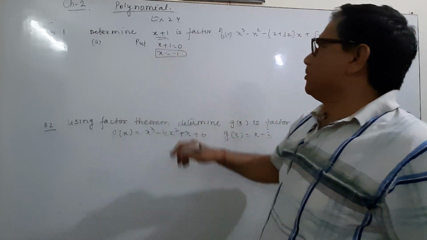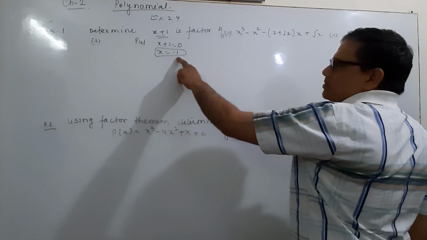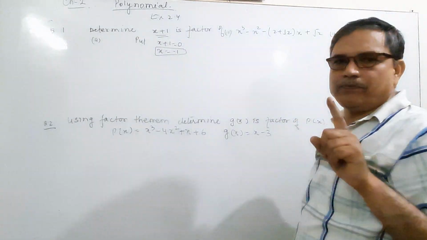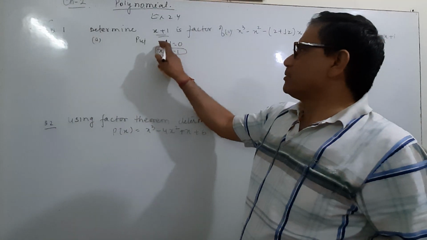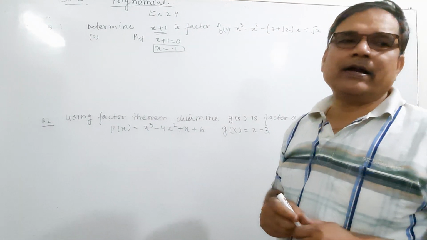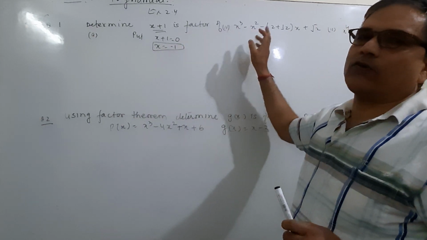It means we have to put x equal to minus 1 in the given polynomial. If the remainder is 0, then x plus 1 is a factor of this P(x). If the remainder is not equal to 0, then x plus 1 is not a factor of this P(x).